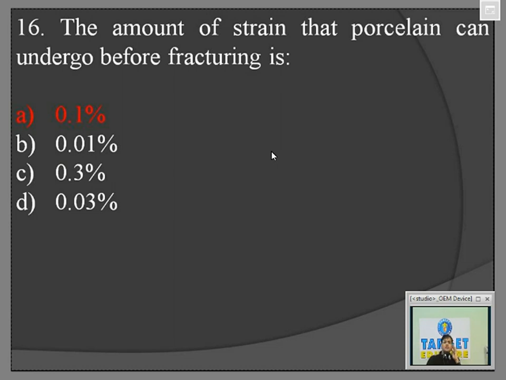Question number 16. The amount of strain that porcelain can undergo before fracturing is? Correct answer is 0.1%.